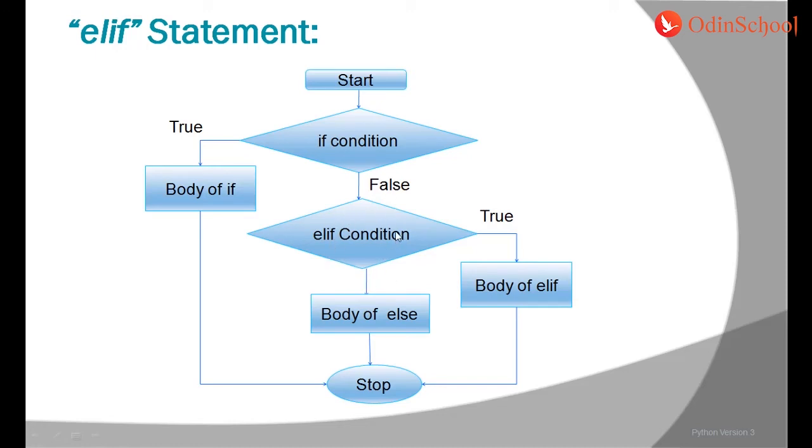Then it checks the elif condition. If the elif condition is true, then the body of the elif is executed. If not true, it goes to the next elif condition, and if it checks all the elif conditions and gets a false answer in all of them, then lastly it executes the else statement, and then the program cursor moves to the next line of code.